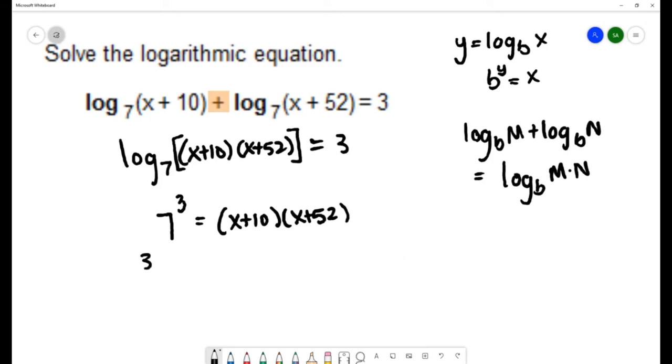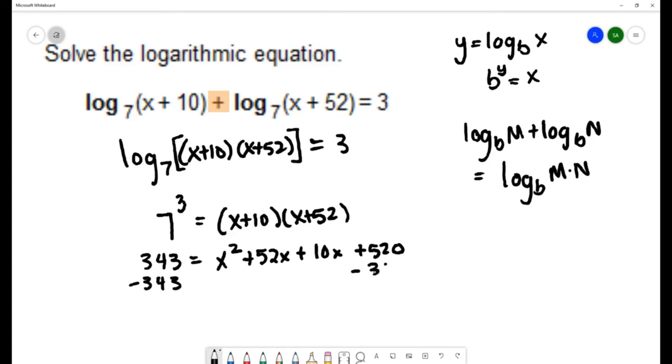That's 343. Let's multiply this out and we get x squared plus 52x plus 10x plus 520.